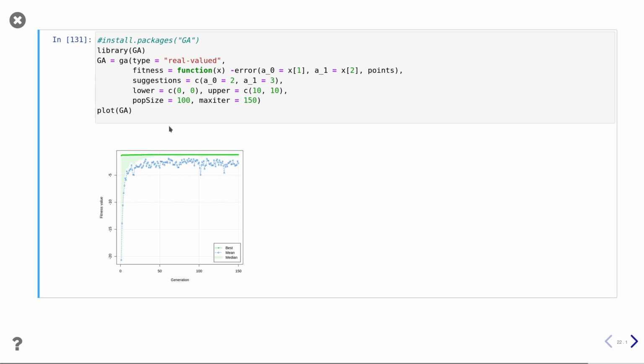So you saw how fast that was, by the way. That's almost instantaneous. And here it's done 100 times 150 evaluations of the function error. So that's something that works quite well.